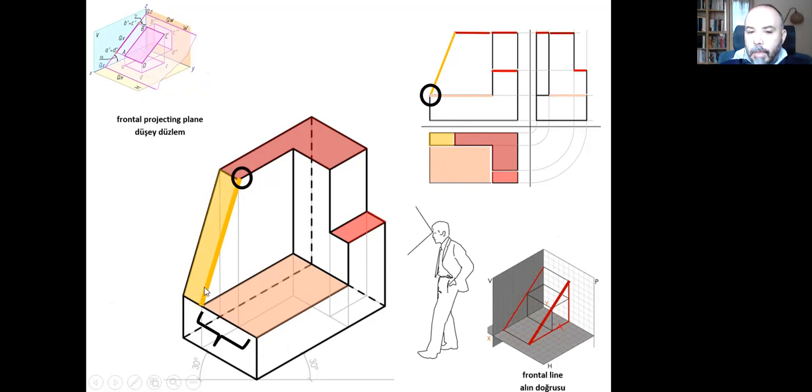However, because this orange line is combining with this black line at the same level, and there is no interval difference, I shouldn't leave a gap. And this goes the same with the intersection of this line here and this line here, this corner.